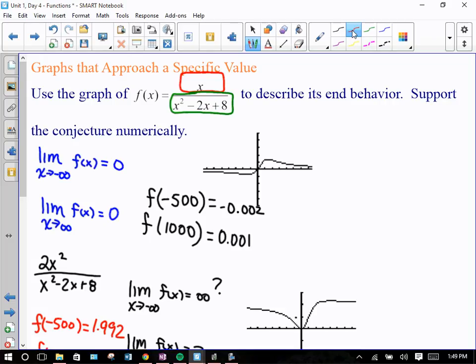It's raised to the power of 1, so the degree of our numerator is 1. Now, what is the highest degree of our denominator? 2.